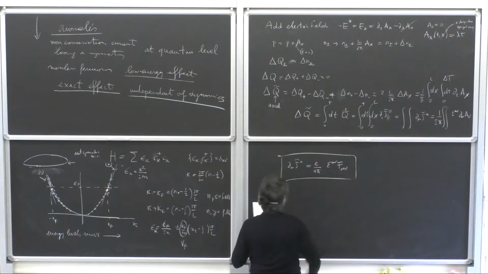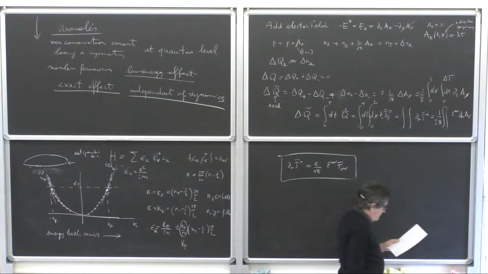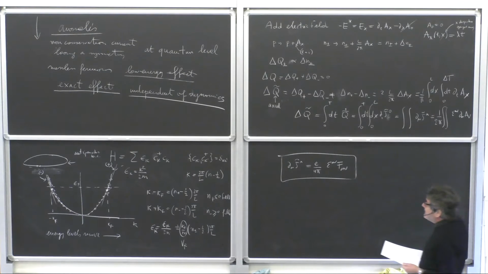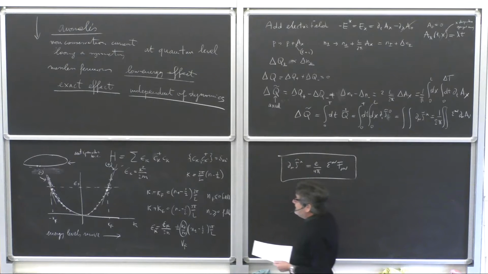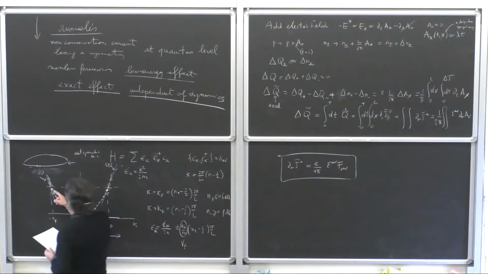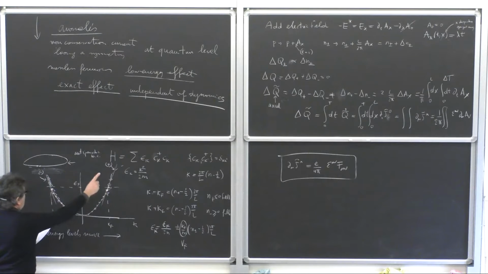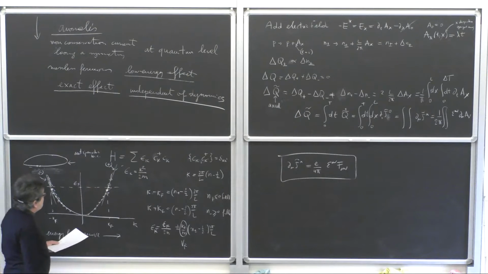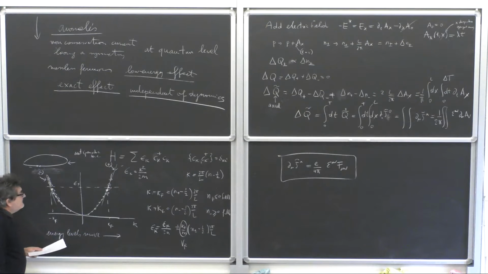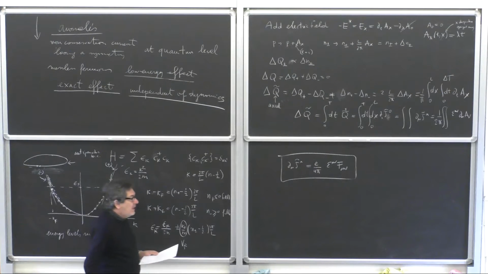Okay. So the non-conserved current expresses the fact that the difference of charge of the two branches is not conserved. What's the point?